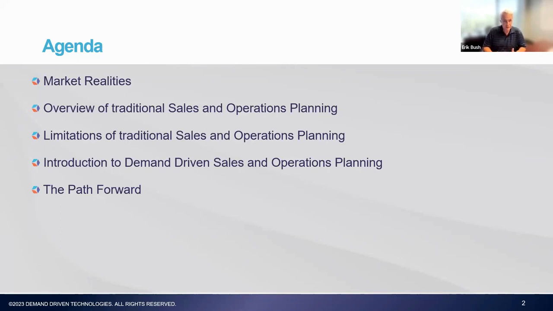So we'll talk and remind ourselves about some of the realities that we're all facing and why this is becoming such an imperative for companies around the world. What we'll then do is an overview of the traditional way that sales and operations planning is conducted. Now, we always have a wide spectrum of clients and prospects on our calls, our webinars, some in the small and medium business segment, others at the enterprise level.